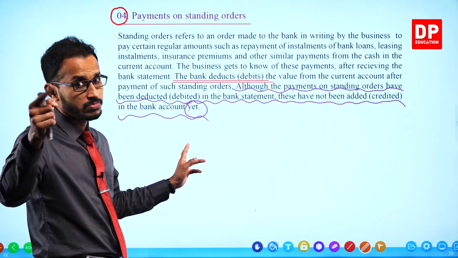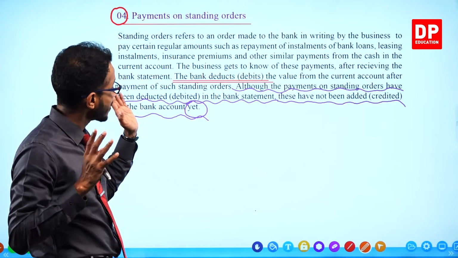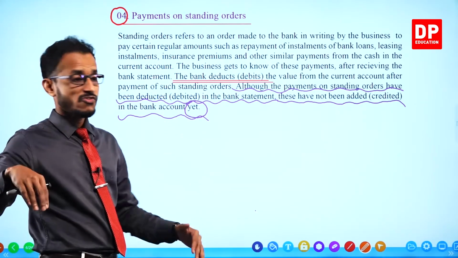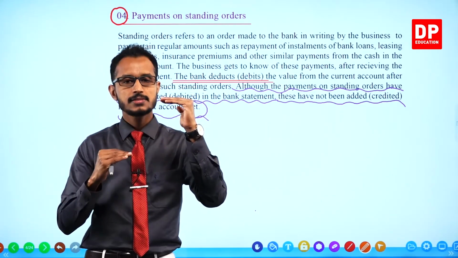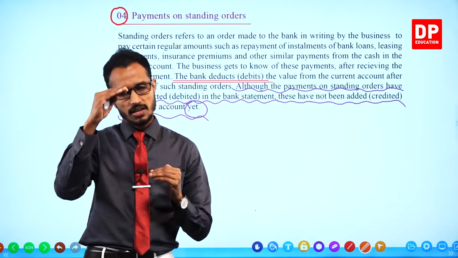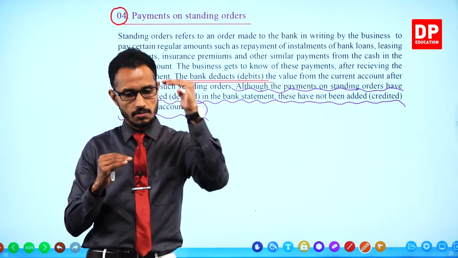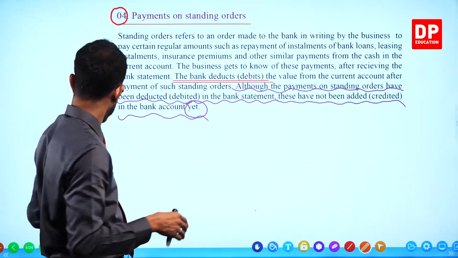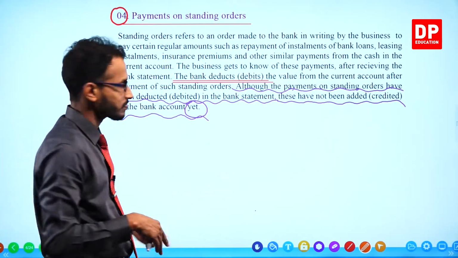That's what you should realize here. We are talking about reasons for the difference in final balances, the final balance of the bank book and the final balance of the bank statement. Because they are different.